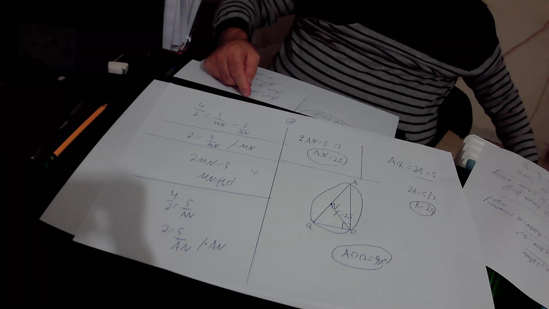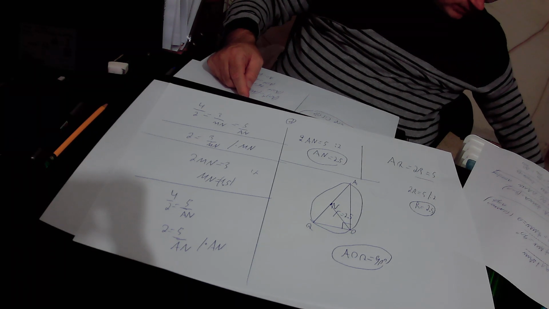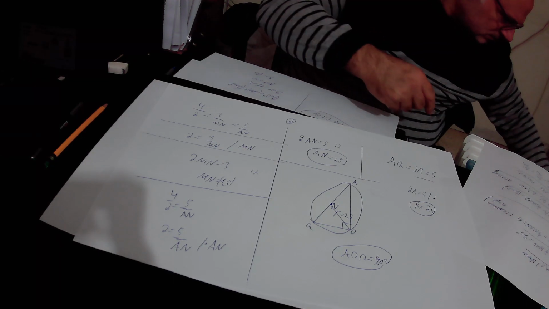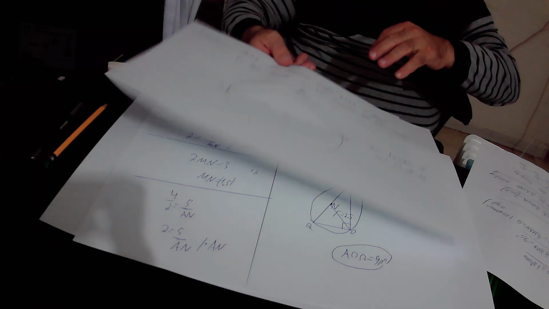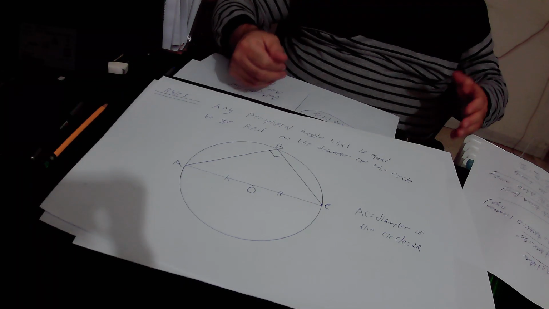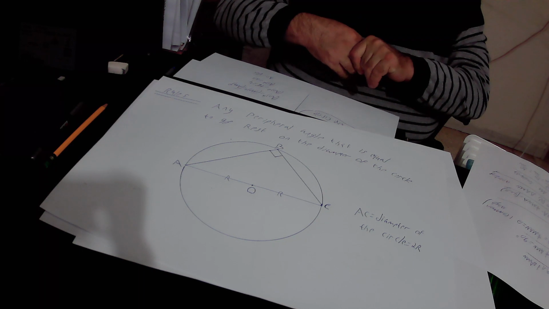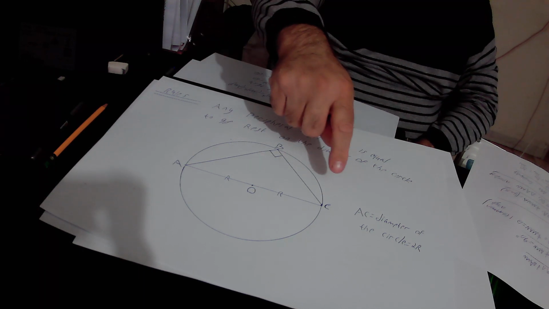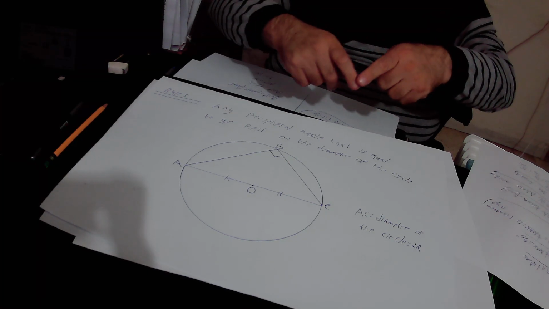And we have rule number 5. According to rule number 5, any peripheral angle that is equal to 90 degrees must rest on the diameter of the circle. Peripheral angle ABC equals 90 degrees, therefore it must rest on the diameter.